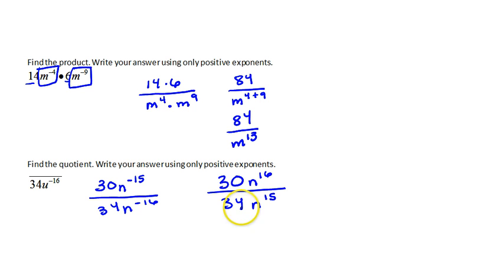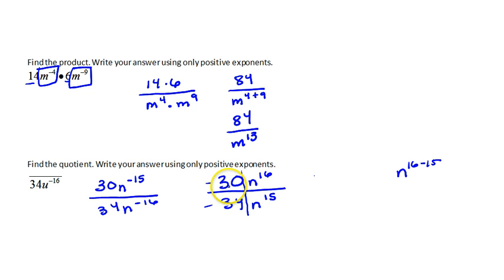Now, I'd like to simplify this as well, because my number part here could be simplified, as well as this. So now I have n to the 16th over n to the 15th. To solve that, I would write n to the 16 minus 15.